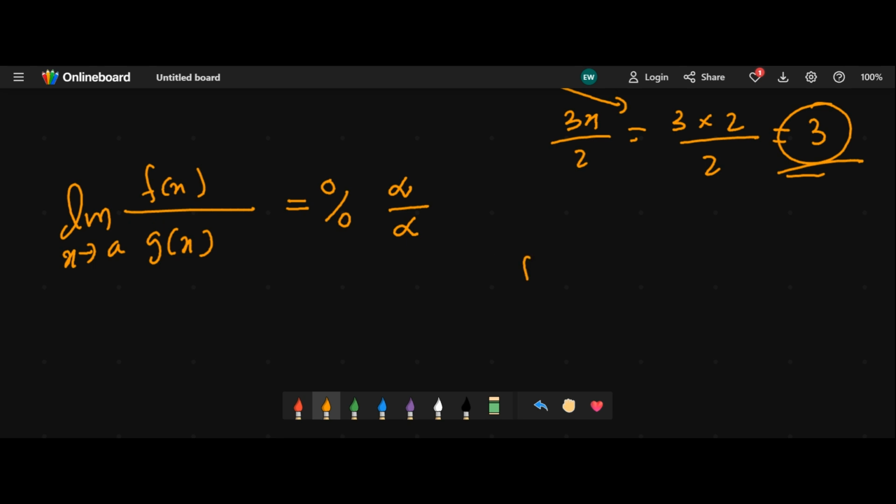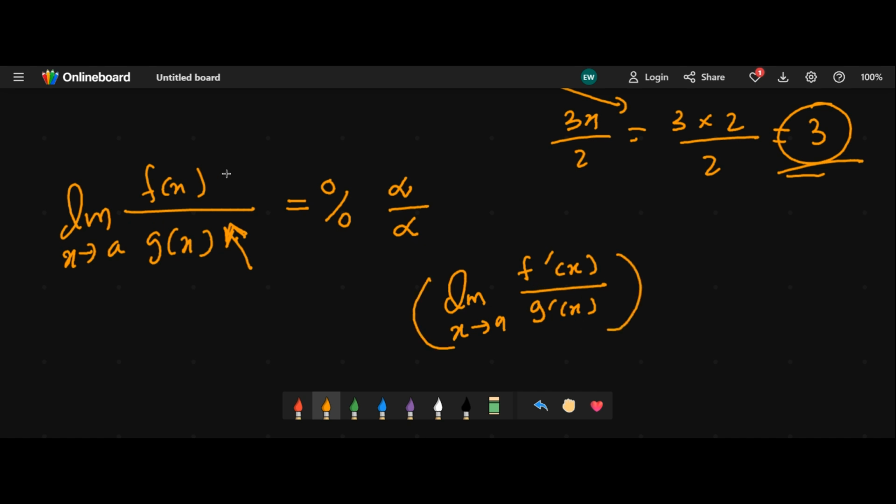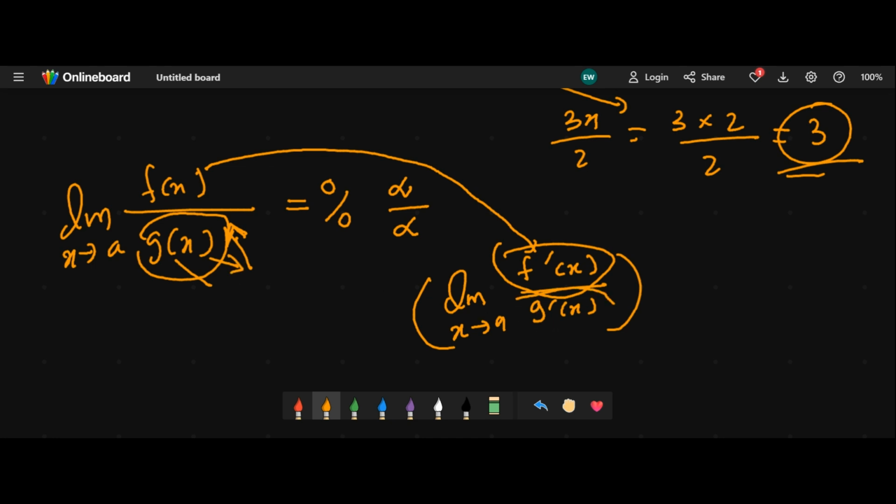If you can't find the answer directly, you can find the answer of f dash x by g dash x, the derivative of the numerator over the derivative of the denominator. It means you have to differentiate f(x) and write it here, and differentiate the denominator and write it here. Now try to find the answer of this.